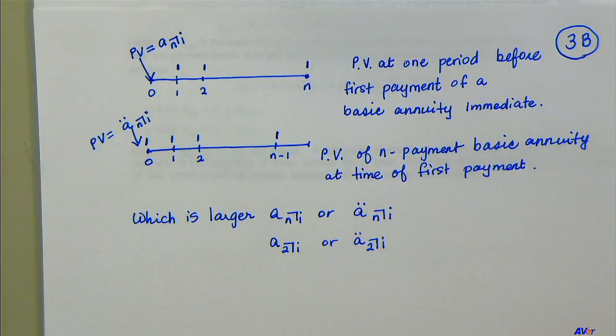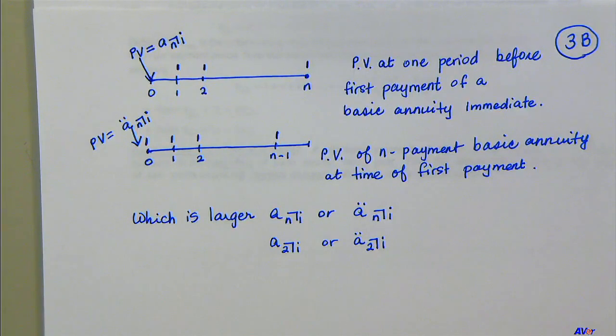But every payment is 1 year earlier than the payments for A angle n I. So would you rather have a payment a year from now? If I was going to give you $500 for your birthday, would you like it today or would you like it a year from now? Today. So who is worth more? The answer is A double dot angle n is worth more.